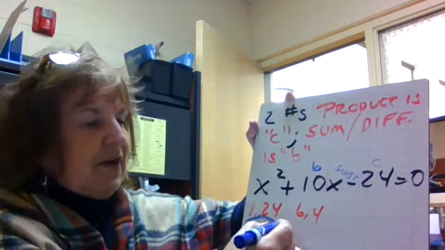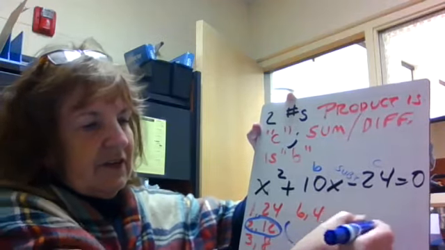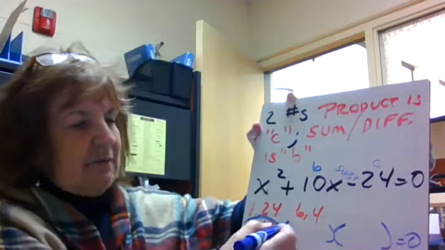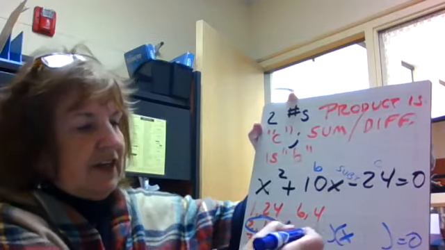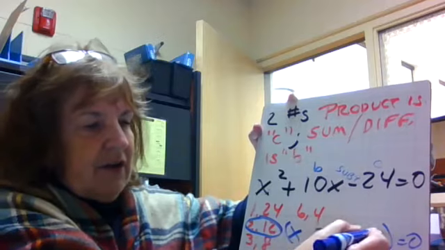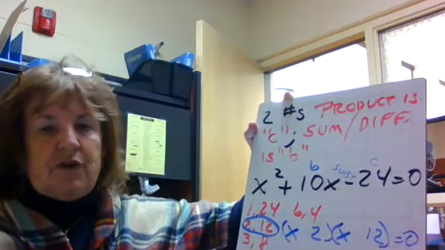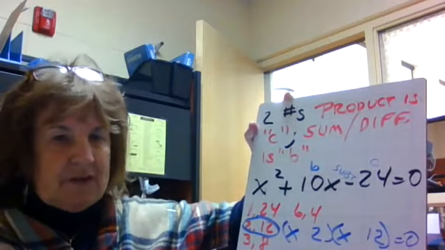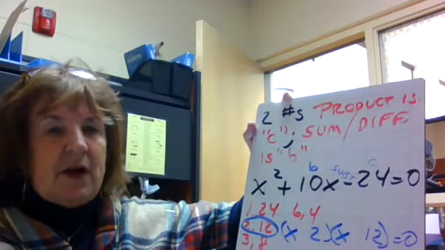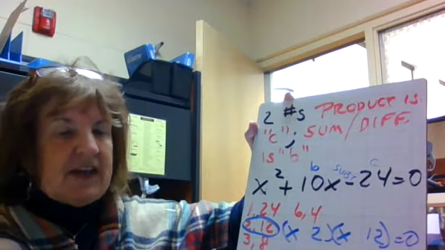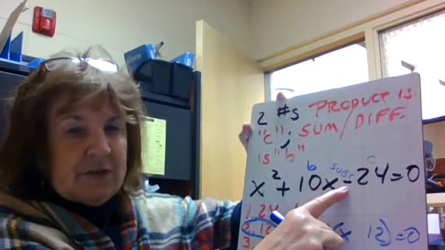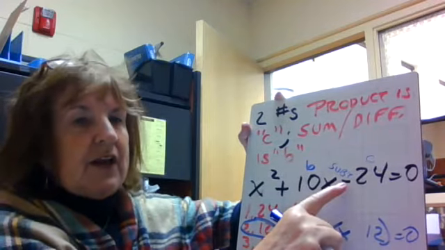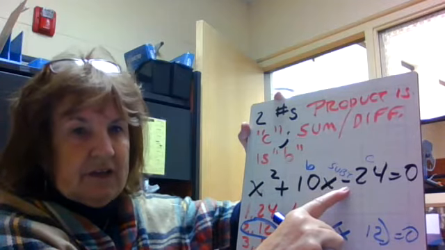So now we're going to write our answer. Again, put the x's in, put your numbers in, and again, it doesn't matter whether you put the 2 first and then the 12 or the other way around. Now this is where you again use common sense. Remember on the earlier problems, we said that if this was adding, then we wanted 2 positives or 2 negatives.